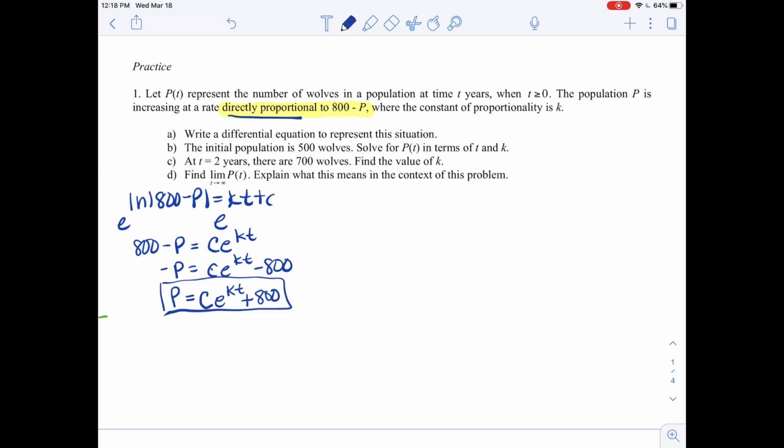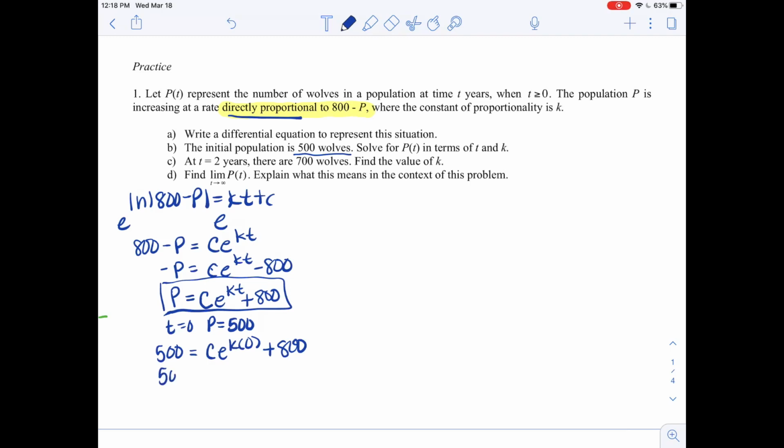Okay, so here's my initial model for this situation. The initial population is 500 wolves. That means there are 500 wolves when t equals 0. So use the fact that when t equals 0, p is equal to 500, and use that to solve for c. So I'll end up with 500 equals c e to the k times 0, obviously coming out to be 0.